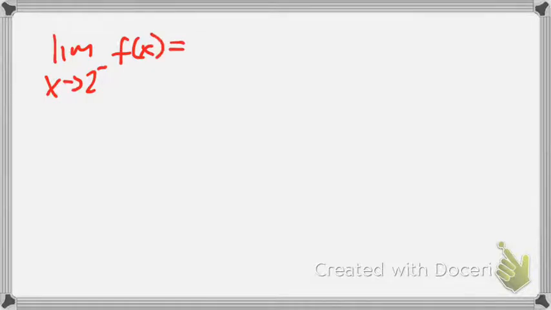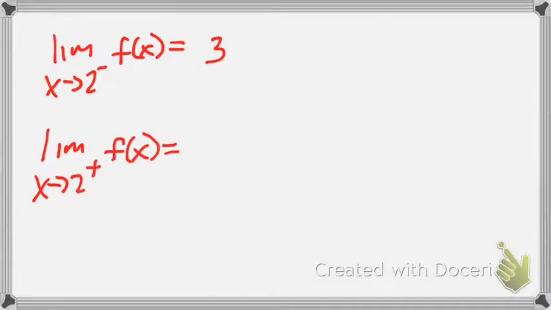That equaled, what did that equal? That equaled 3. And then the limit as x approached 2 from the right of f of x, that equaled 1. Alright, so our left-hand limit was 3, our right-hand limit was 1.